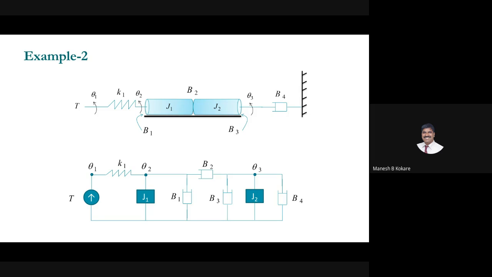So your diagram will change, but the rest of the things are the same. The only change is that a frictional force is added between J1 and reference, another between J1 and J2, and J2 and reference there is a third frictional force. And earlier there was a spring element; now it has been replaced with the rotational dashpot B4, so your diagram will look like this. Now after that you can apply the torque equilibrium equation and so on.